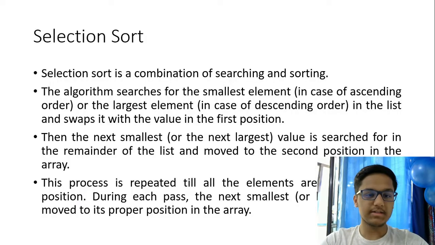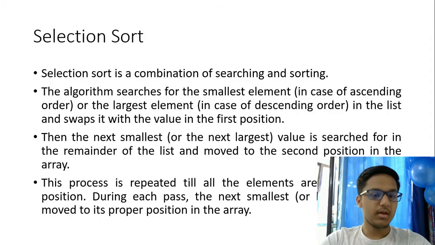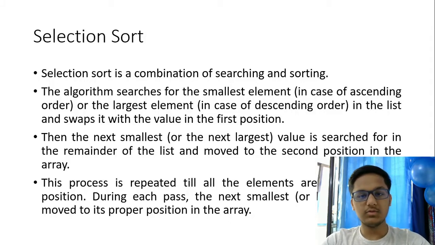First we'll be looking at selection sort. Selection sort is basically a sorting method which is a combination of searching and sorting. What this means is, let's say you have an array 7, 3, 4, 2, which is not sorted. First in selection sort, we'll search for the smallest element.